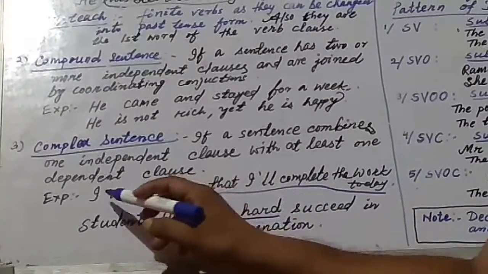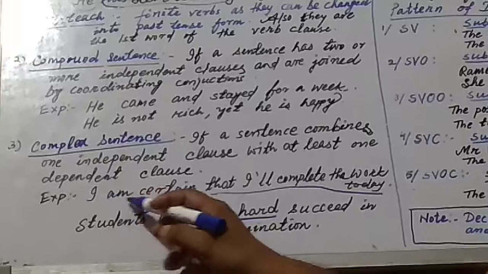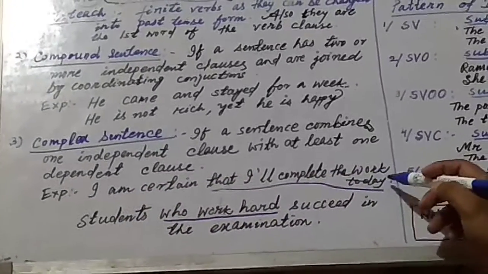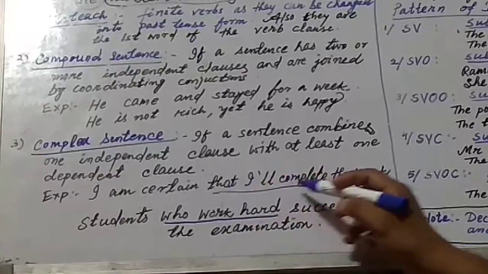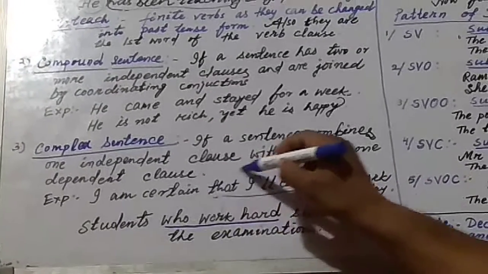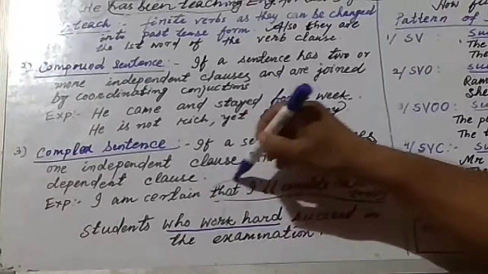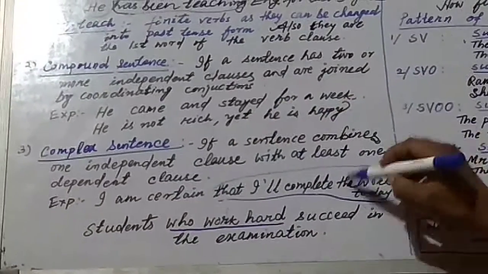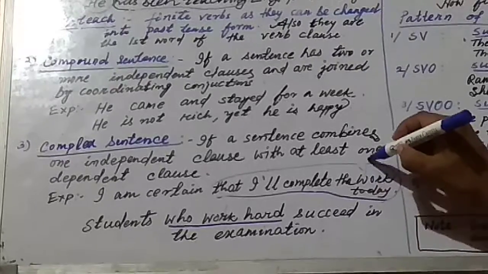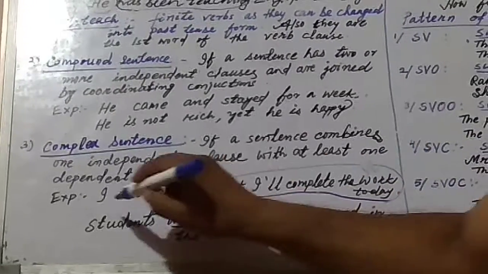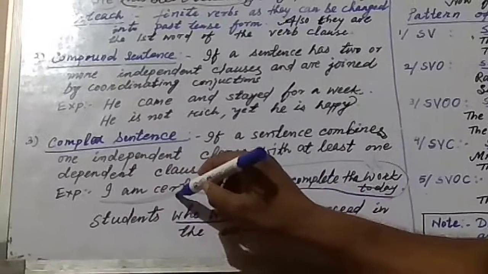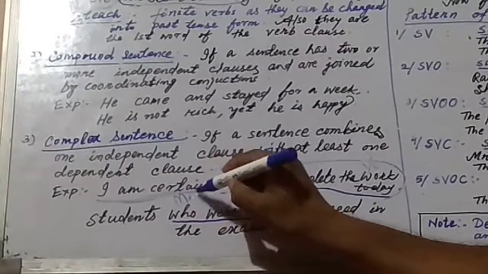For example, I am certain that I will complete the work today. That I will complete the work today is not the main clause, it is the dependent clause. And I am certain is the independent clause or main clause.